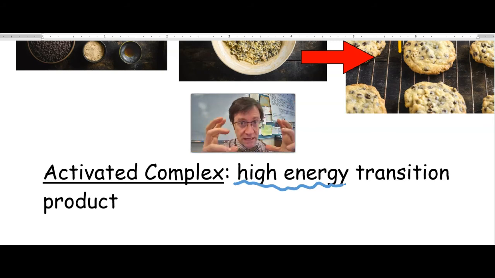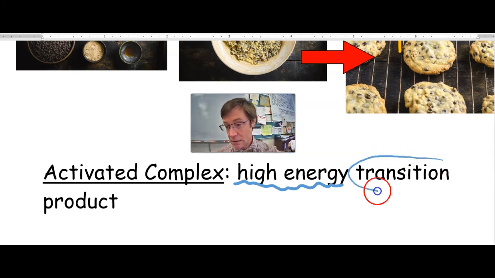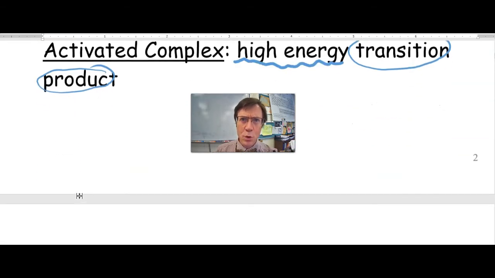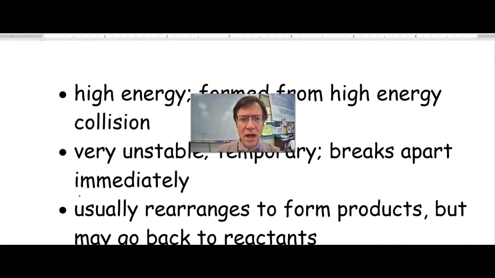All that kinetic energy, all that heat energy, gets converted briefly to potential energy. And we need to know that it is a transition product. In other words, it exists in the middle. It's not going to be around for very long. It's what gets us from point A to point B, from reactant to product.